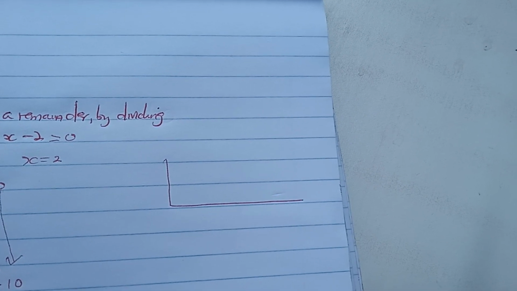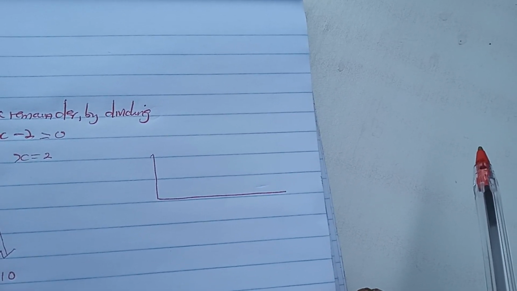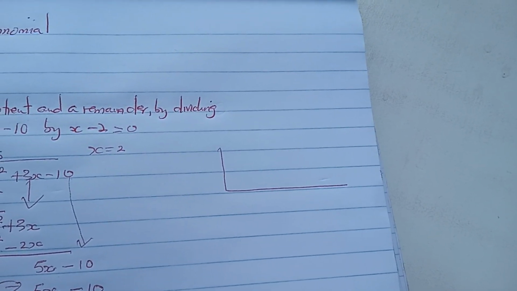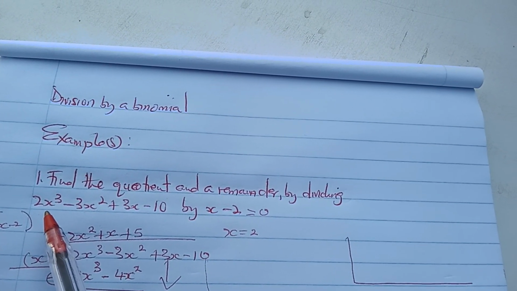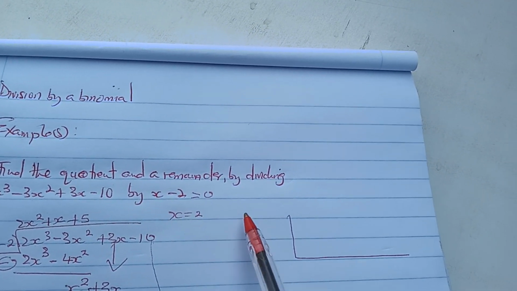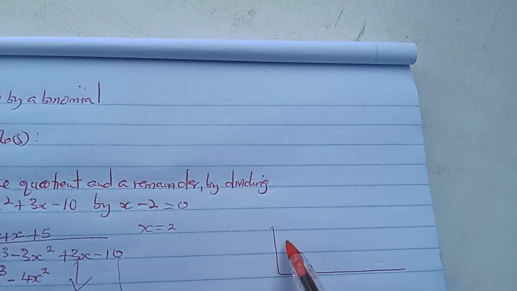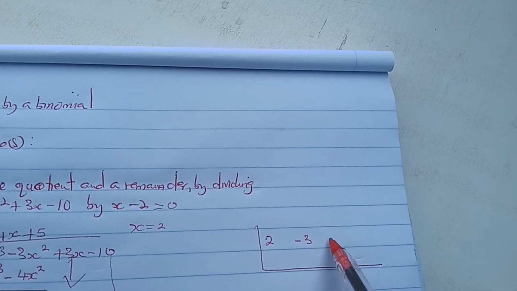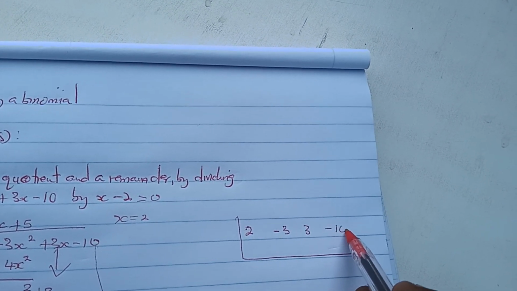When we are done, we write the coefficients of all the terms in descending order. So the coefficients we have are 2, negative 3, positive 3, and then negative 10. We write them here: 2, negative 3, 3, and then negative 10.